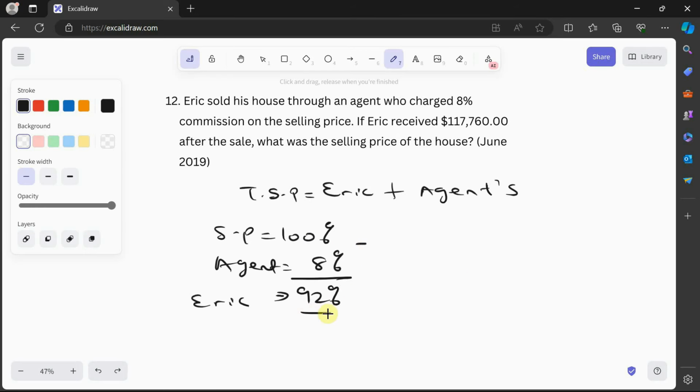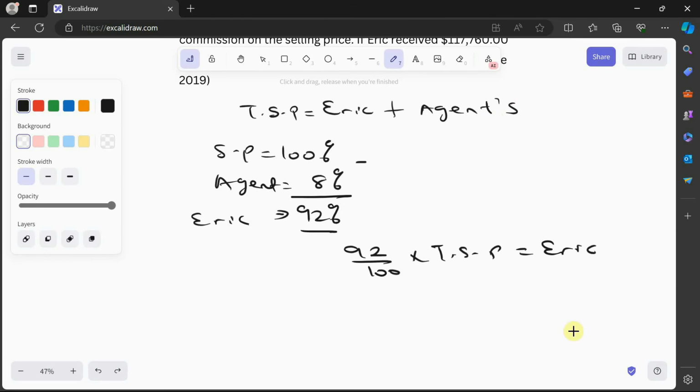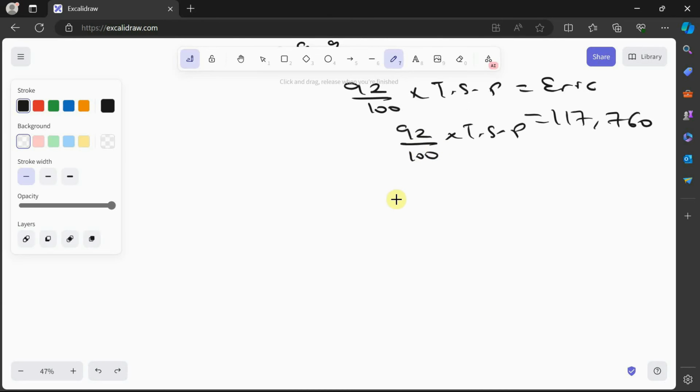So if that is given, 92 over 100 times the total selling price is going to be Eric's share, right? And Eric's share was 117,760. So we could rewrite this as 0.92 times total selling price equals 117,760.